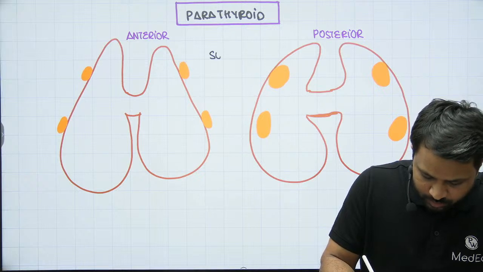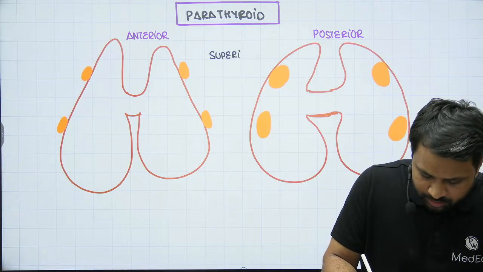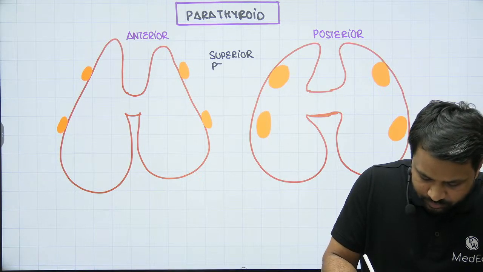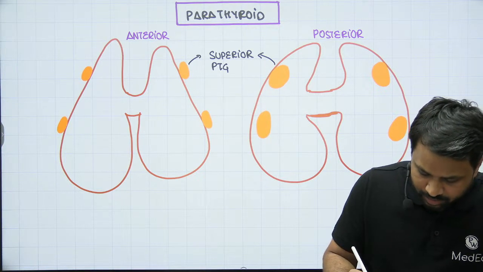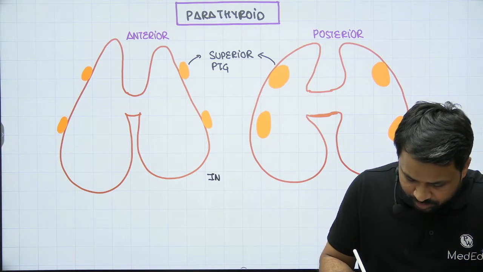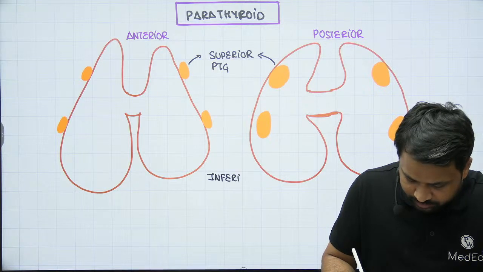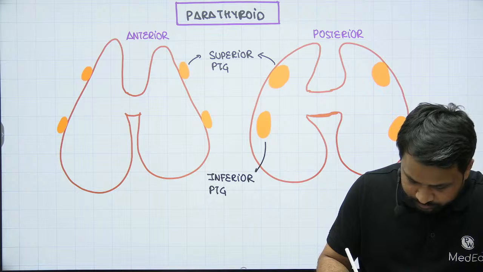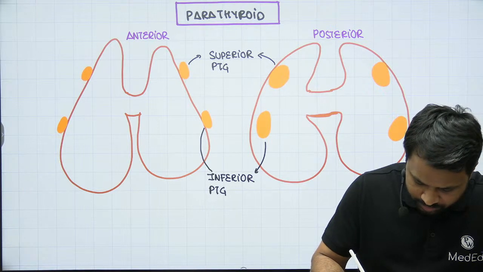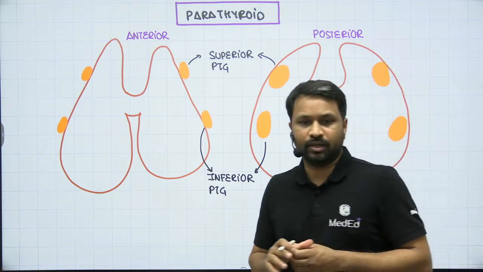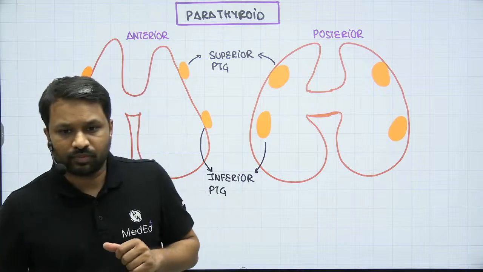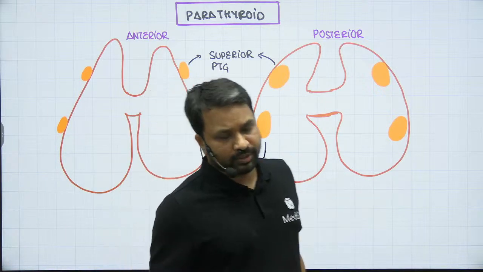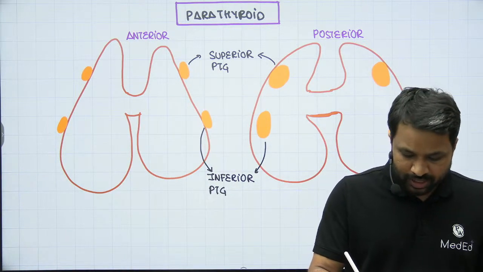This is what we call the superior parathyroid gland. PTG will be your parathyroid gland. This is your superior parathyroid gland, and this happens to be your inferior parathyroid gland. So you have a total of 4.